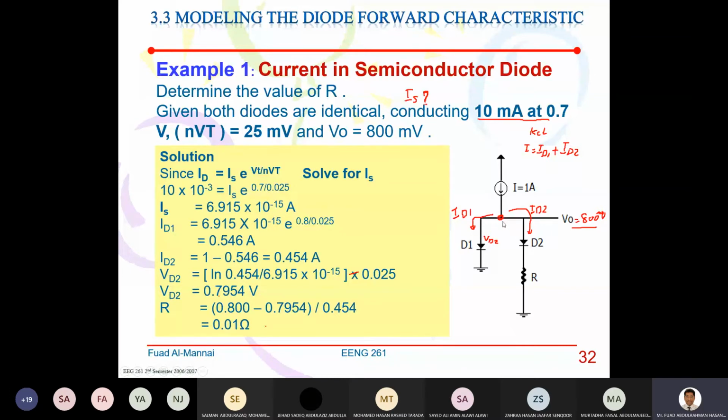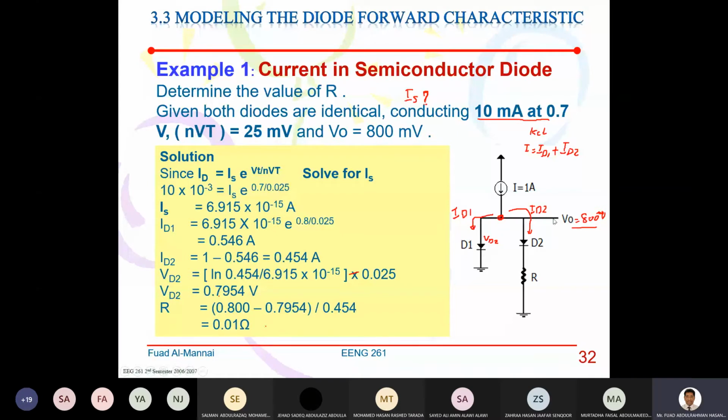Now can I calculate ID1? I cannot calculate ID2 yet, because I don't have the current here. I can calculate the current ID1, substituting in ID is equal to IS e to the power VD divided by NVT. Now here's a question for you. Vout is 800 millivolt, or 0.8 volt.